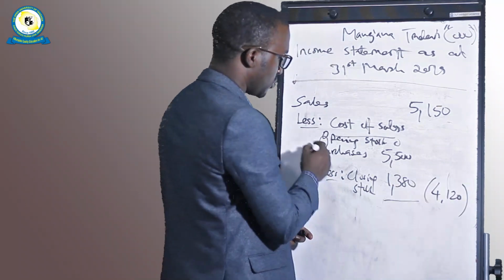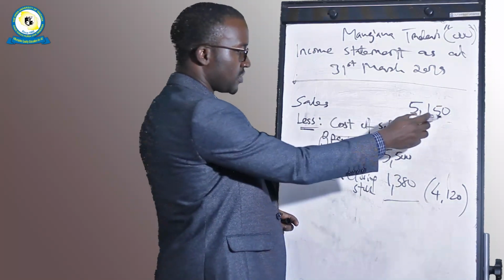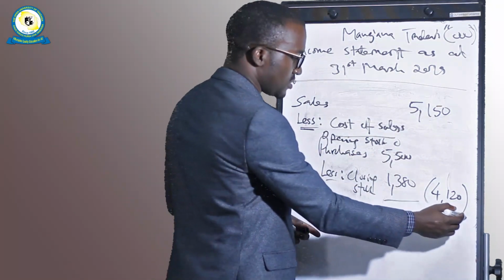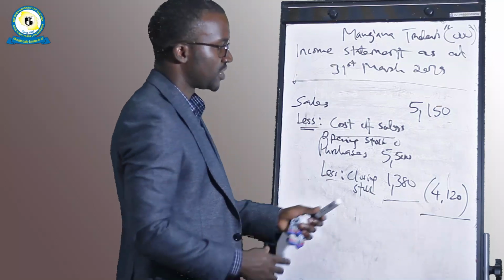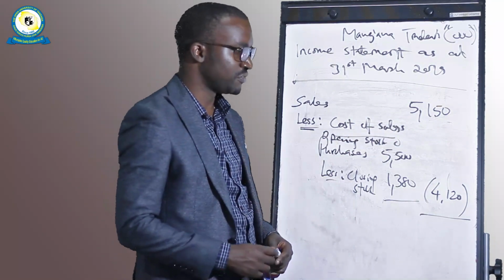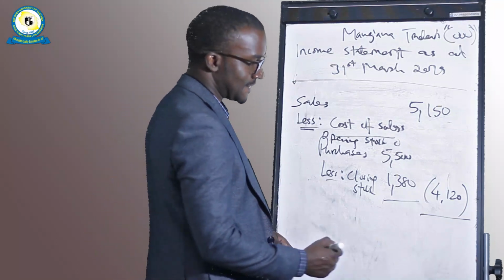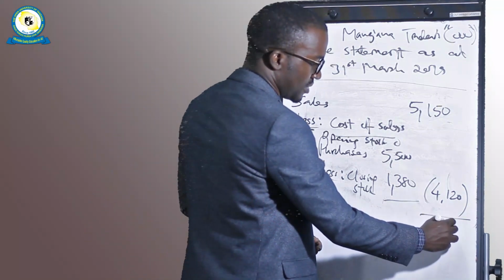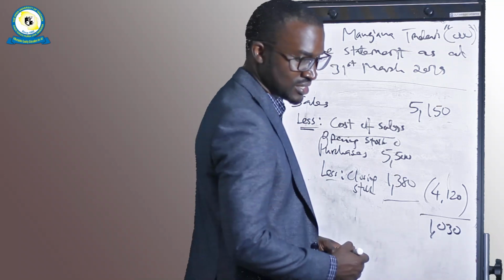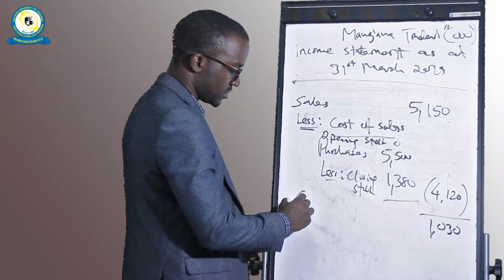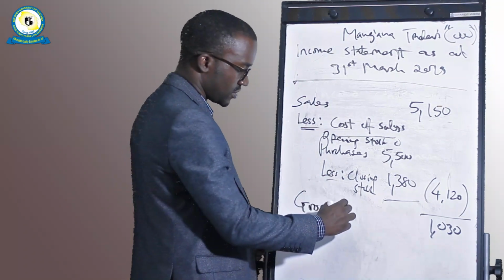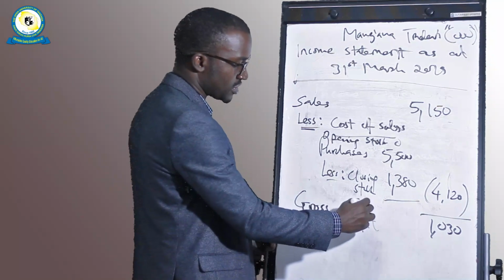Now you're going to less it because here we are supposed to less sales from the cost of sales. If you less 4,120 from 5,150, you're going to get 1,030. So this is your gross profit, because that figure is positive.